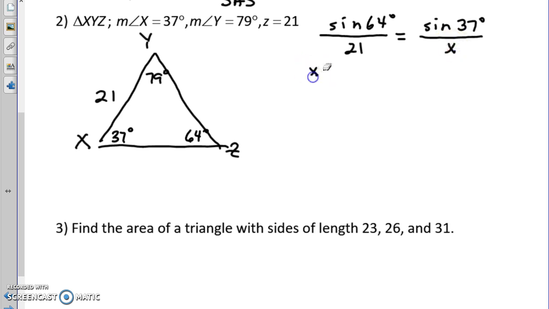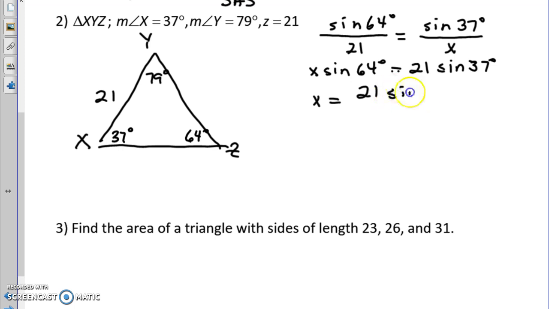Cross multiplying, x times the sine of 64 degrees is equal to 21 times the sine of 37 degrees. So now dividing, x is equal to 21 times the sine of 37 degrees over the sine of 64 degrees.